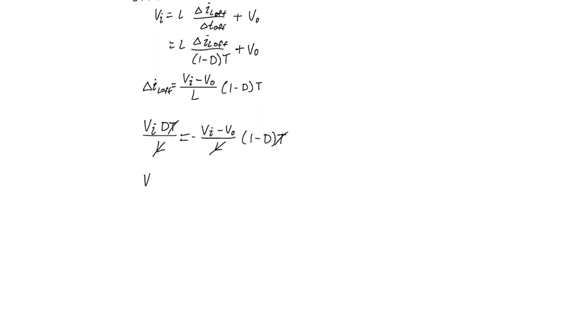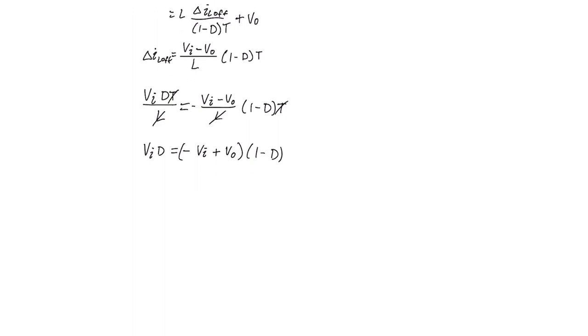Now we can write this out as VID is equal to minus VI plus VO, right? And then multiply this by 1 minus D, like this. And we can rewrite the right-hand side as minus VI plus VID, and then plus VO multiplied by 1 minus D, right?